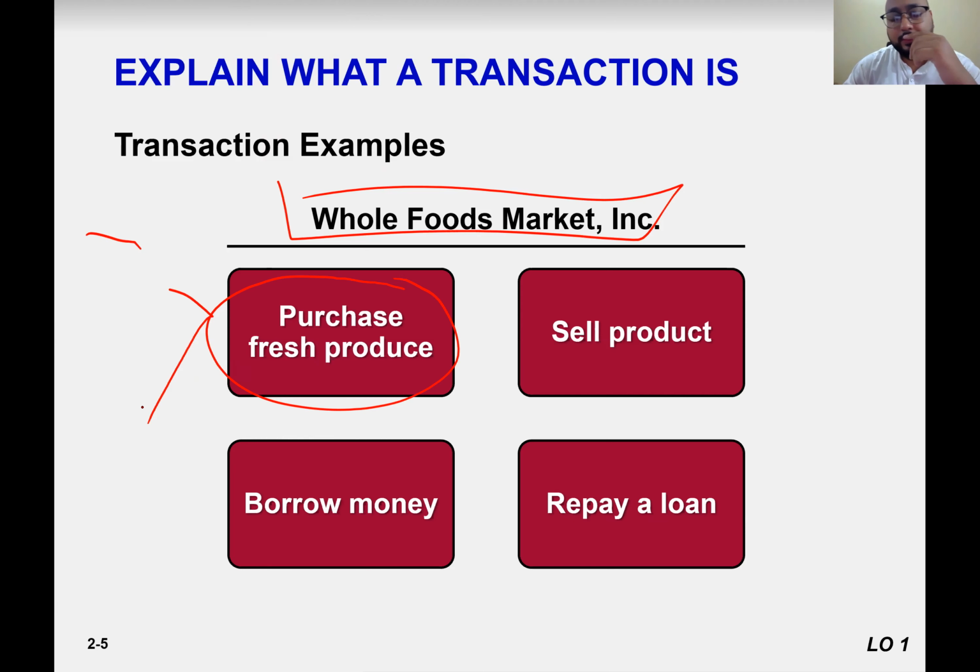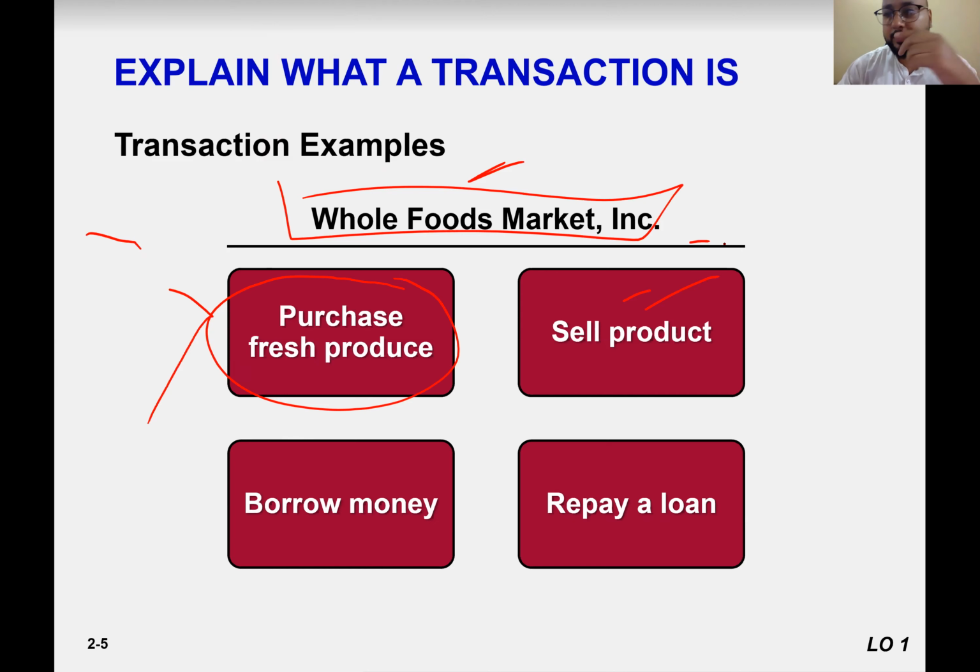When you purchase fresh foods to sell, what would be the giving side and what would be the receiving side? Goods are coming into the business and money is going out of the business. So inventory is coming in, and money is going out. That is the two sides.